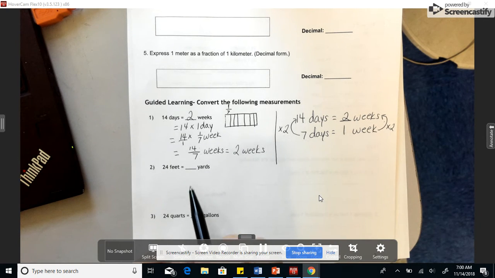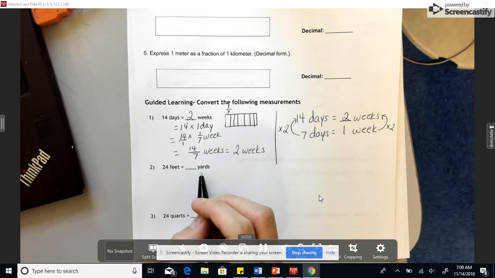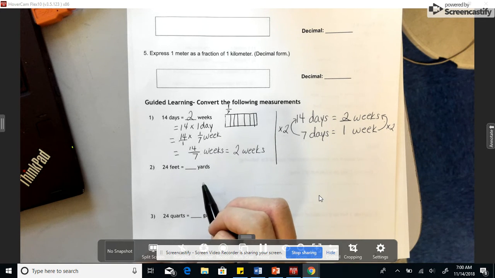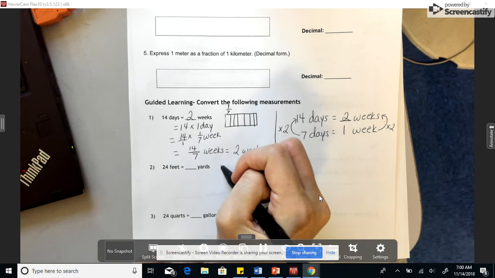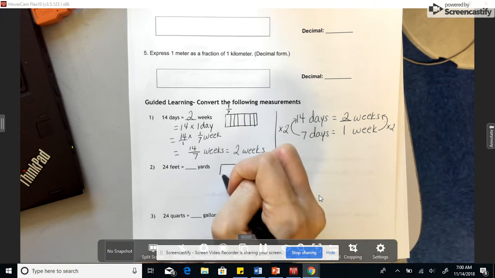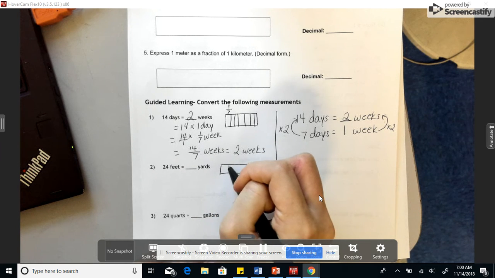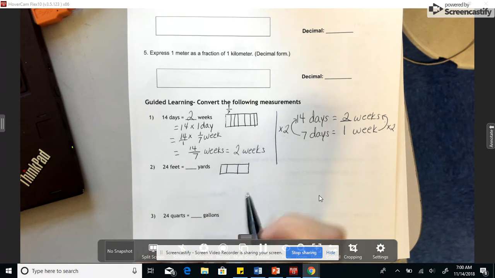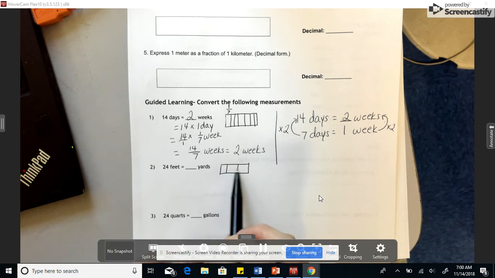Let's try the same for number 2. Here, we're going to split this into feet and yards. I know that there are 3 feet. That's not a very well organized one, but I have 3 feet for every yard.